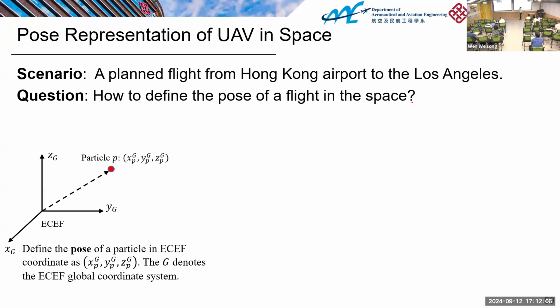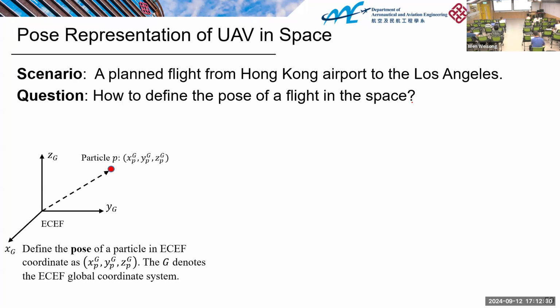Any particle can be represented by X, Y, Z. P means the particle, G means the global frame, represented by XYZ. So defining the pose of a particle in the ECF coordinate can use 3 different variables. It's good enough, right? G denotes the global coordinate system.